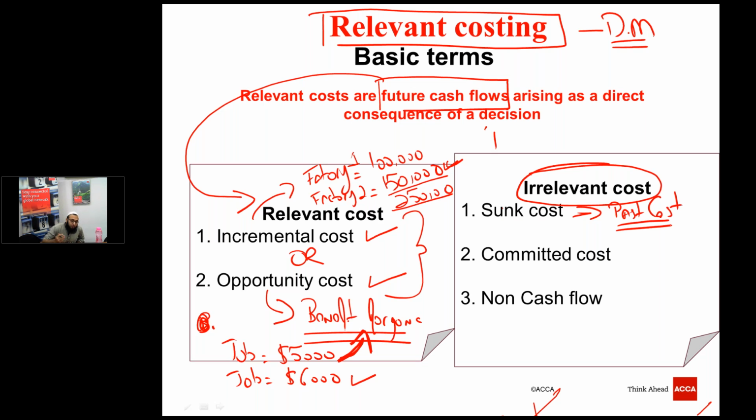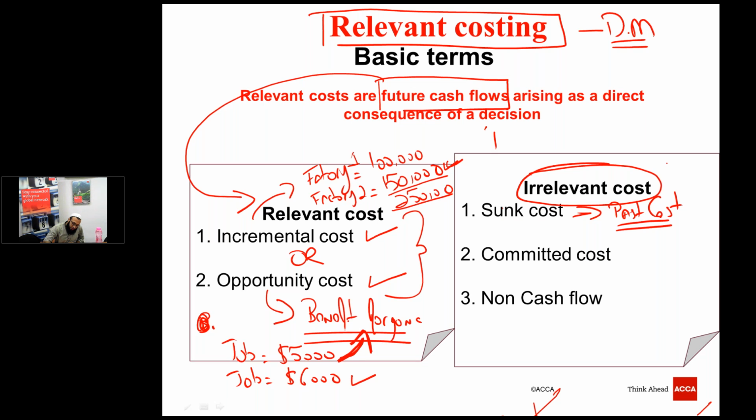It has already been incurred in the past. So if it's already incurred in the past, it will be irrelevant for the decision. At the time of taking the decision, a cost that has already been incurred is a sunk cost.